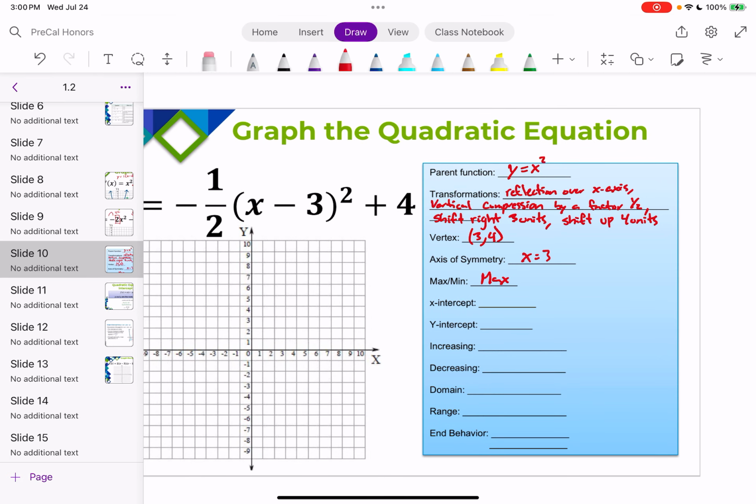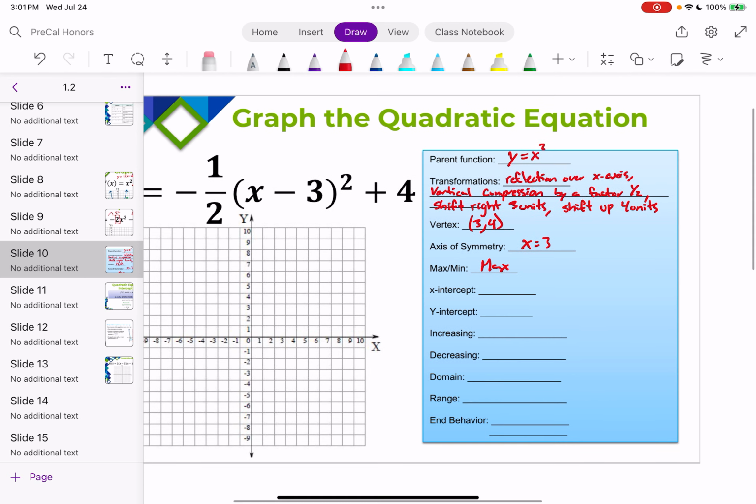I'm going to skip the x-intercept and y-intercept for now and hop into our other answers first, because it's much easier to solve those than the x and y-intercept just yet. So, increasing: it is facing downward, and we have a vertex of (3, 4). So we go 3, up 4.